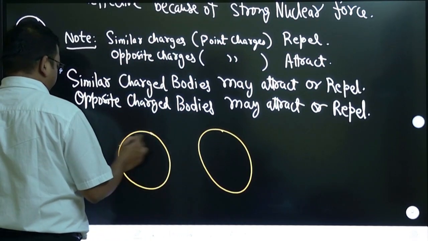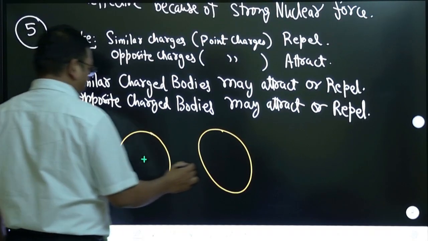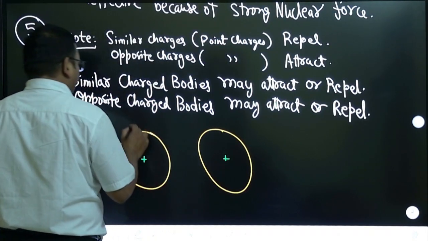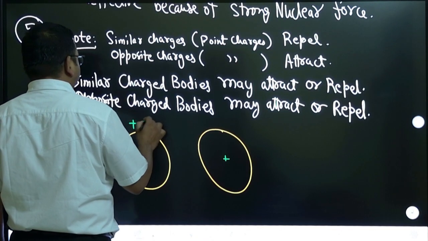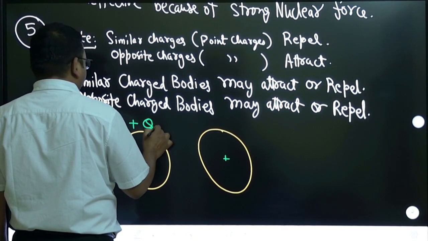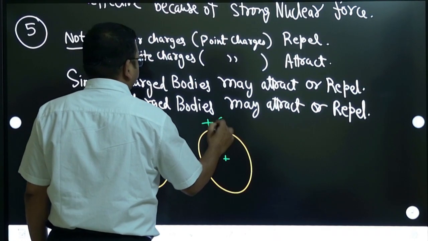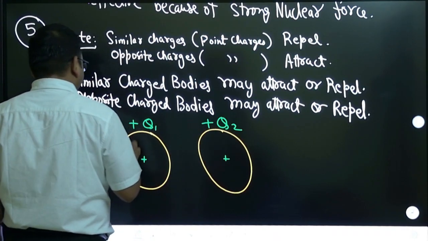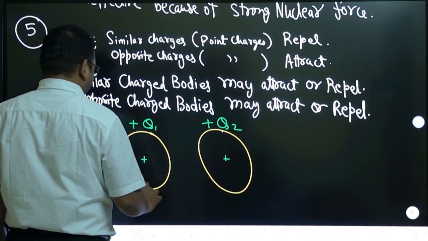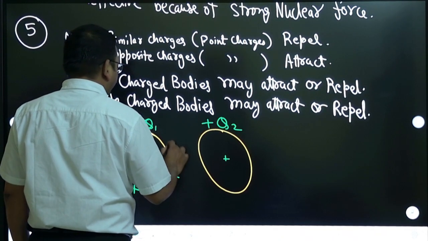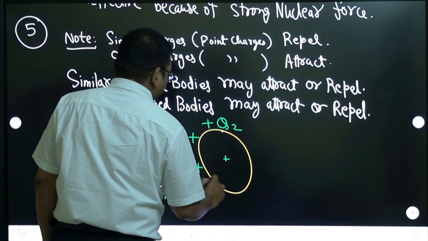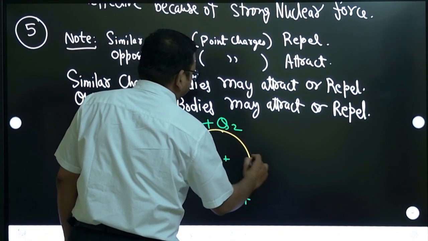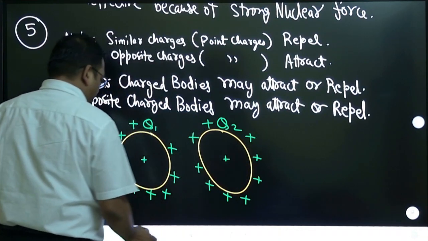Let us say there is a sphere and this is the center, and it has positive charge q1, and the other has positive q2. So positive charges are distributed over the surface of this body, and here also over the surface of the body.